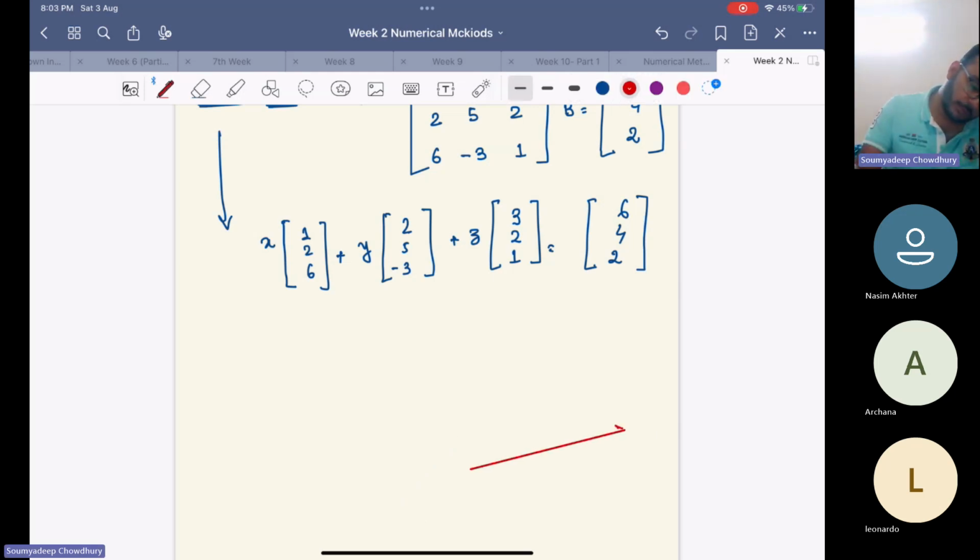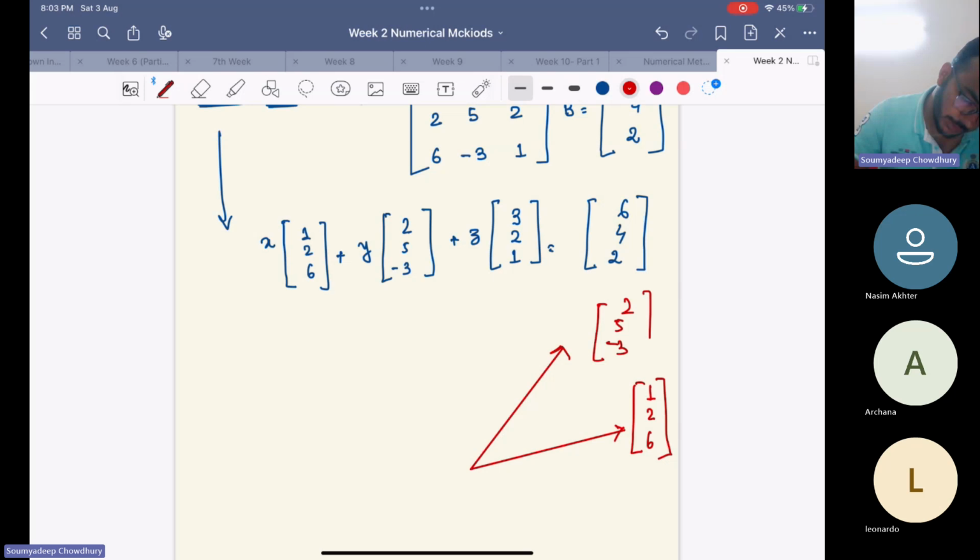This is 1, 2, 6. Then you have this one as 2, 5, and minus 3. And you have this third vector z, which is basically 3, 2, 1. Now we have another vector which is 6, 4, 2. That is the RHS matrix.